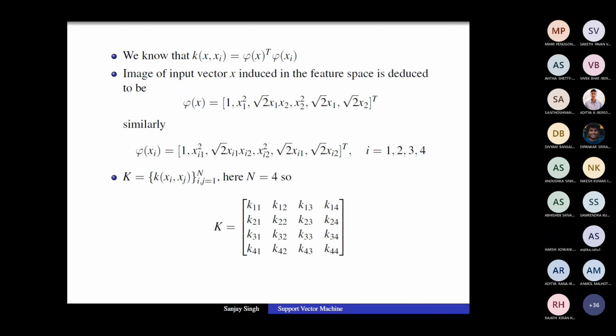So accordingly we'll be finding k(xi, xj). Now when I see k(xi, xj), we have to rewrite the formula in terms of xi and xj, because this is written in terms of x and xi. Then we have to write in terms of xi and xj. This I have probably written here.